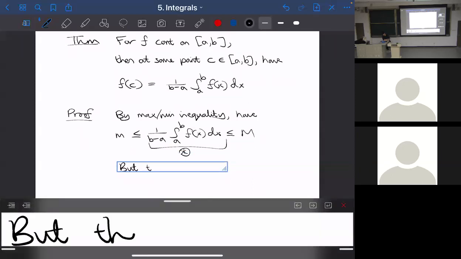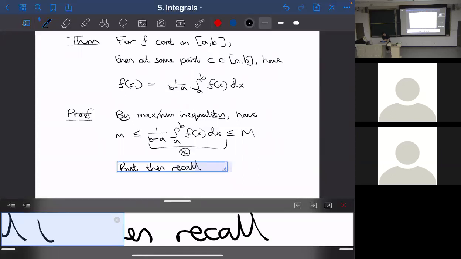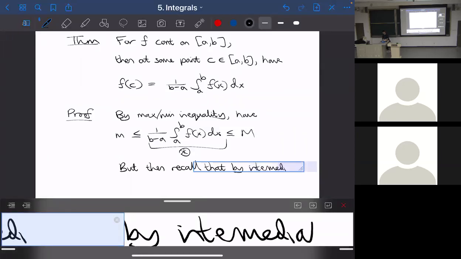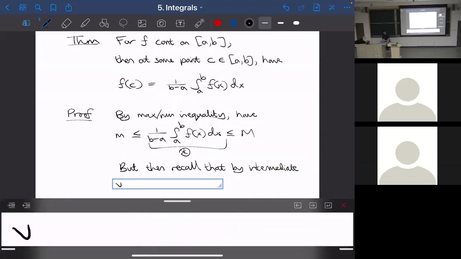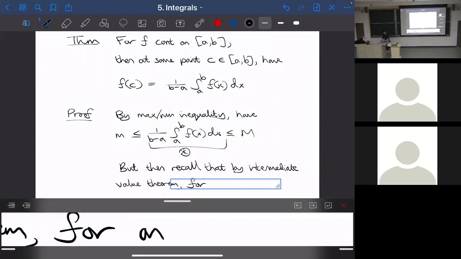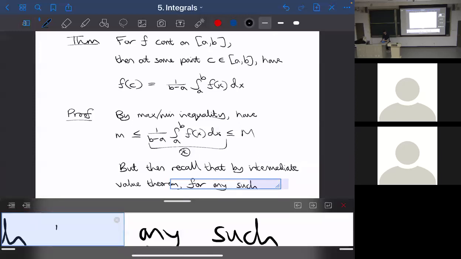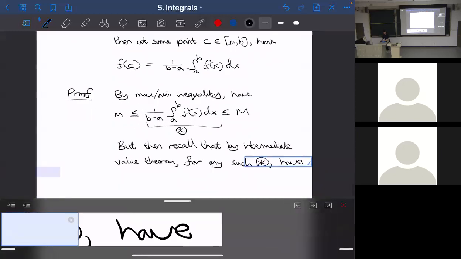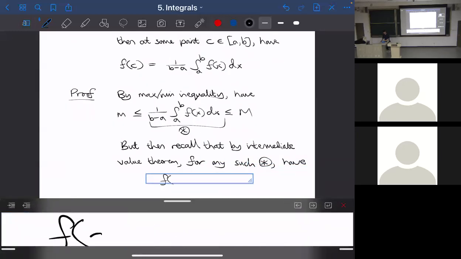But then recall that by the intermediate value theorem, for any such star, we have some c such that f(c) equals star.